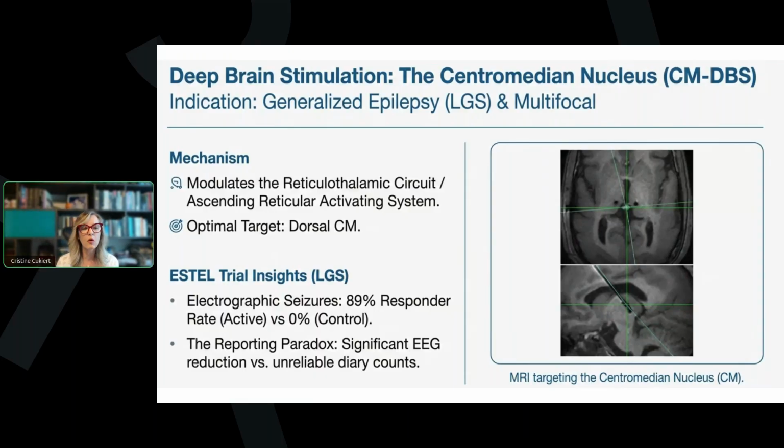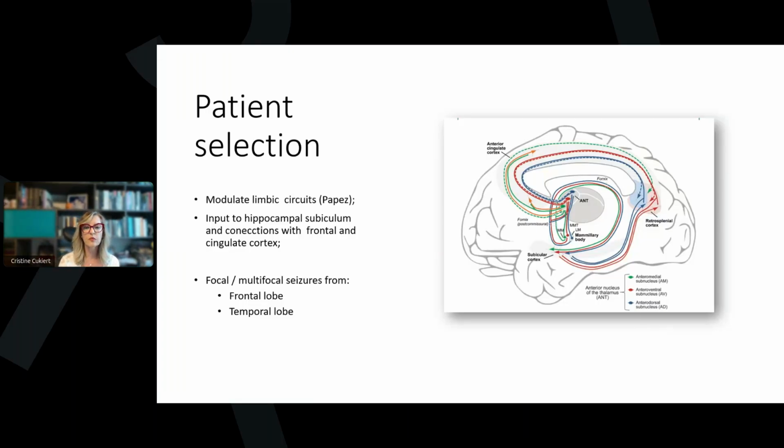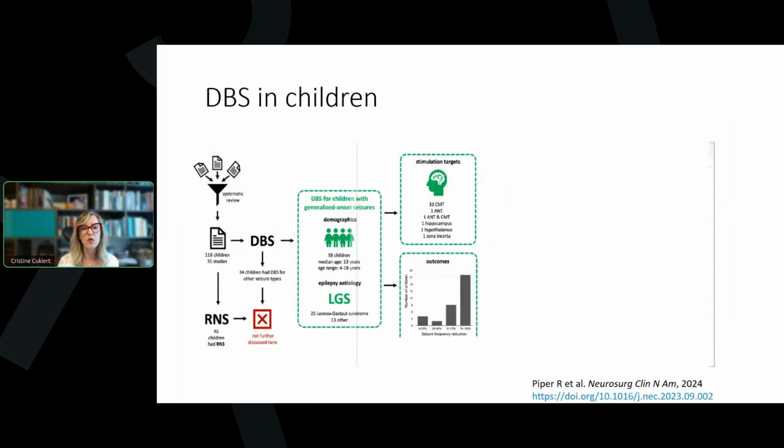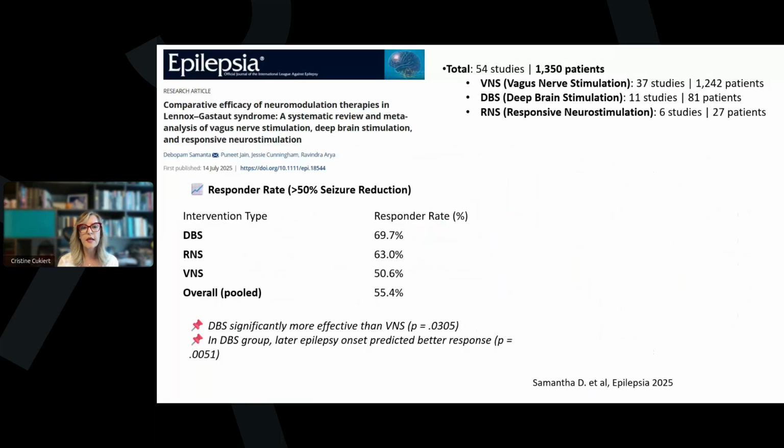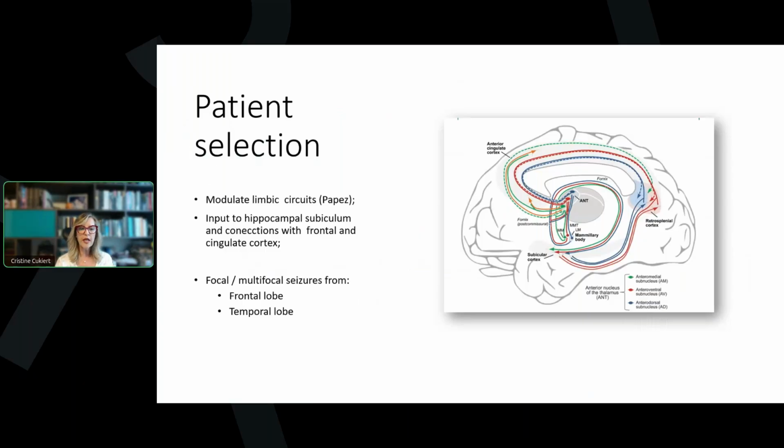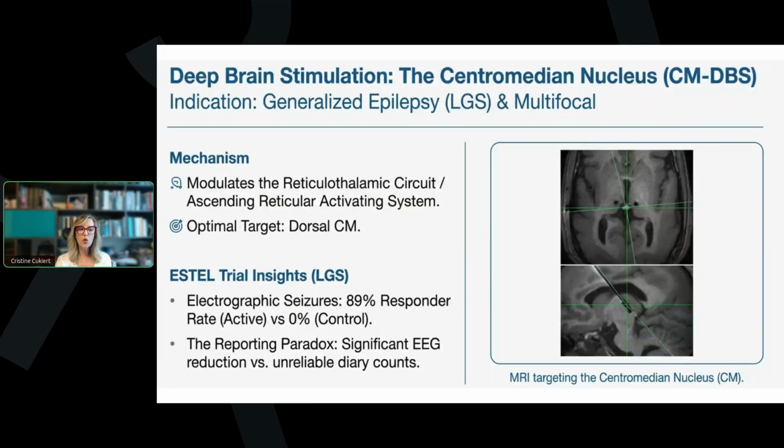So this is the STEL trial, which was performed in Australia. They didn't show a better clinical response, but they had a very nice responder rate, especially for the electrographic seizures.